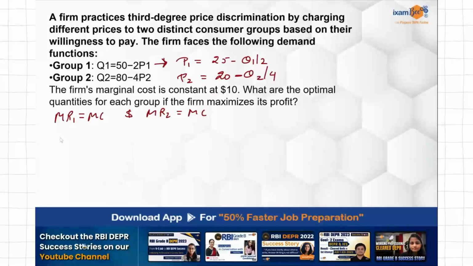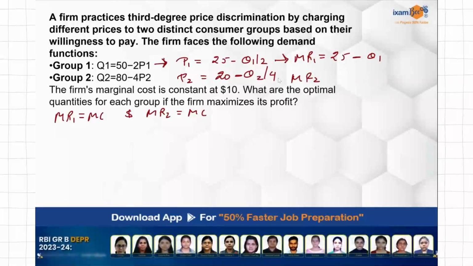So here MR1 will be 25 minus Q1 and MR2 will be 20 minus Q2 by 2.